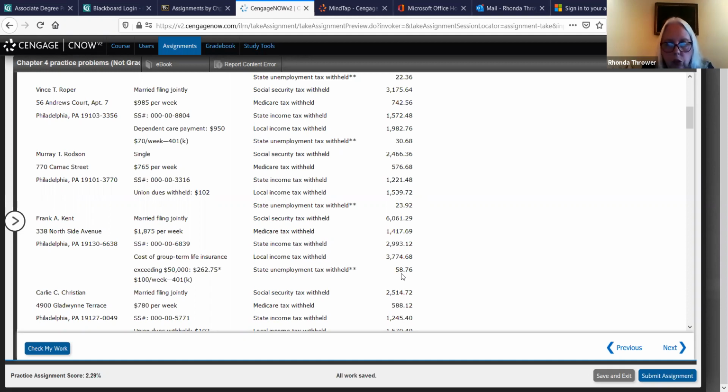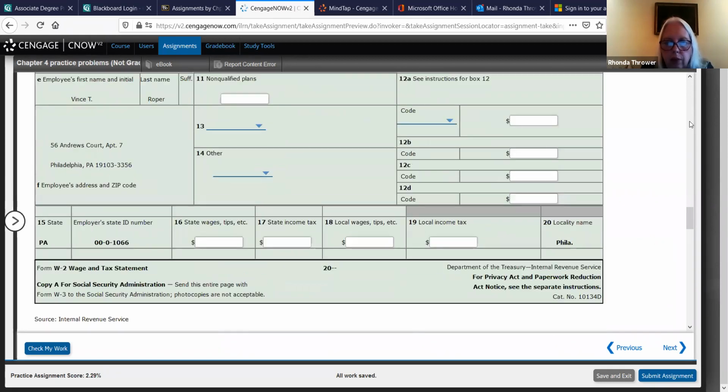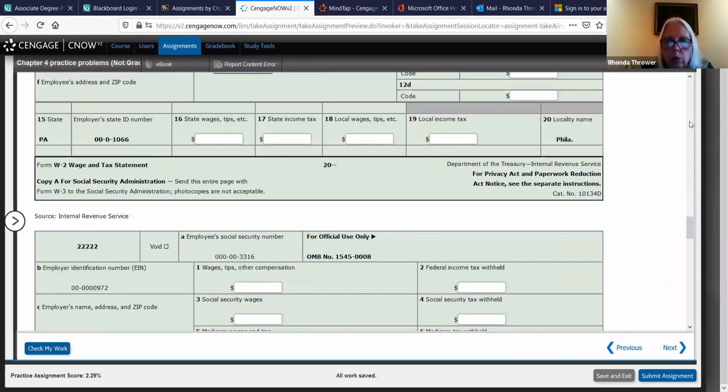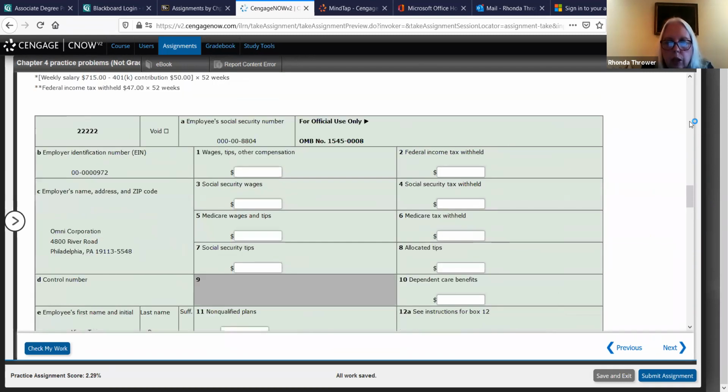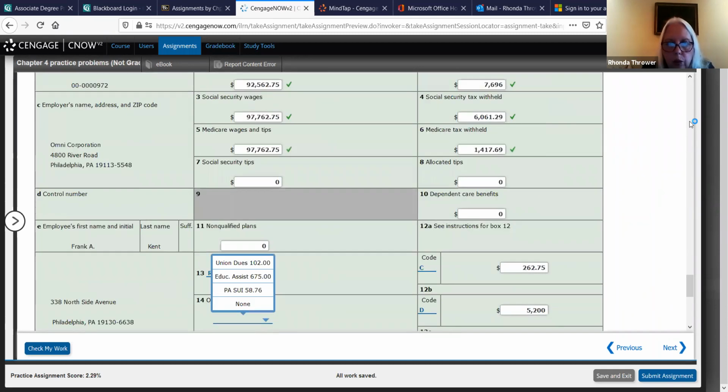He didn't have any union dues like the other employee did. Just had the state unemployment taxes that were withheld. Let's see where it was. Got to stay on the right W-2 form. Here we go. So the Pennsylvania state unemployment tax that was taken out of this employee's paycheck was $58.76.